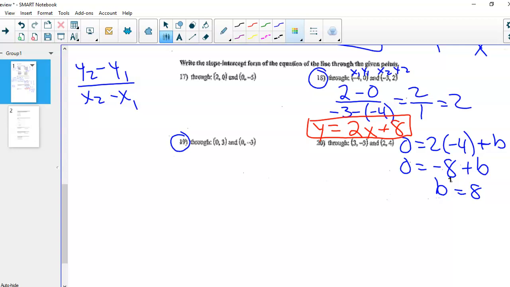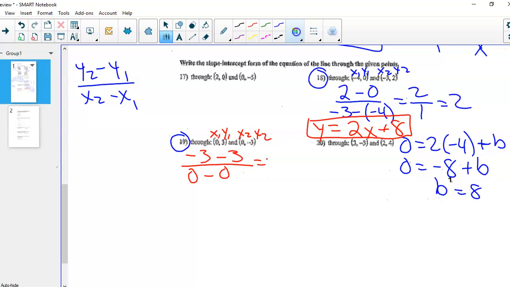For 19, same thing. Find your slope. So negative 3 minus 3 over 0 minus 0. When you see questions like this that have the same number, like 0 in both of your x's or 0 in both of your y's, that's going to be an undefined or 0 slope.